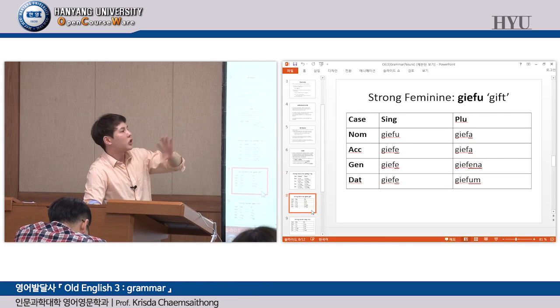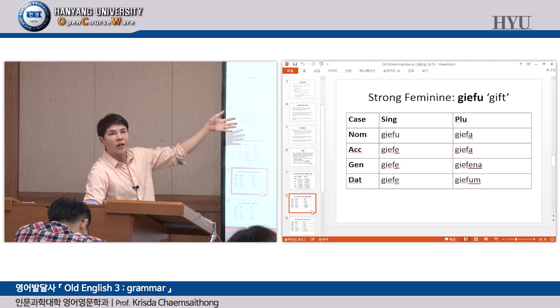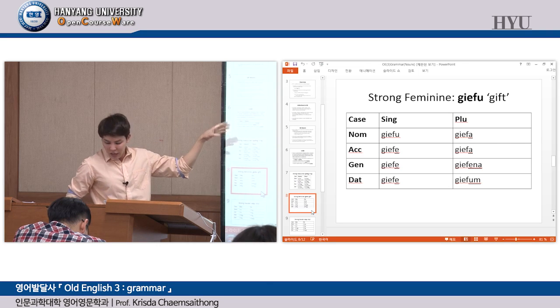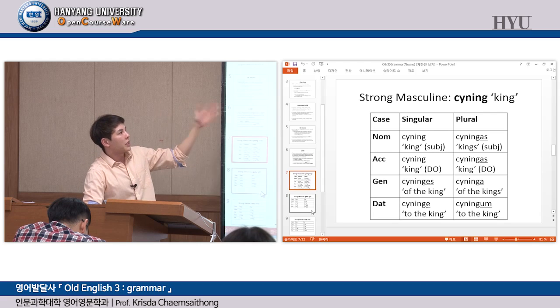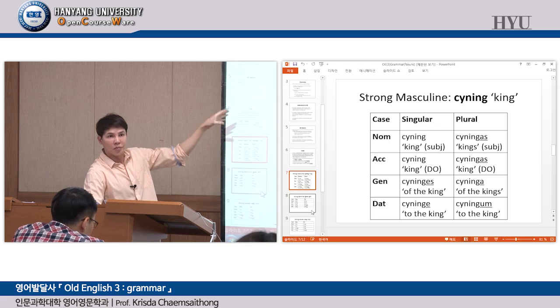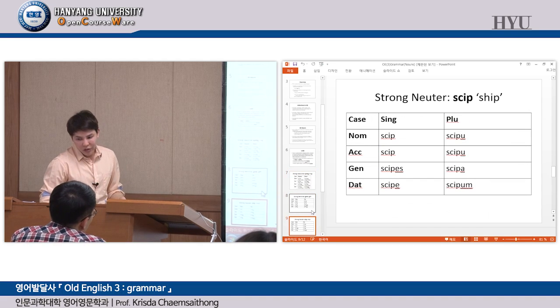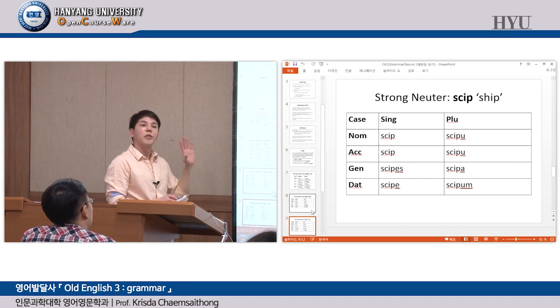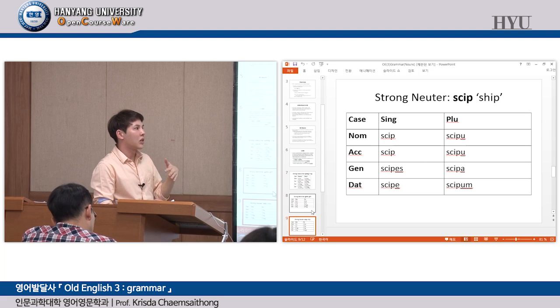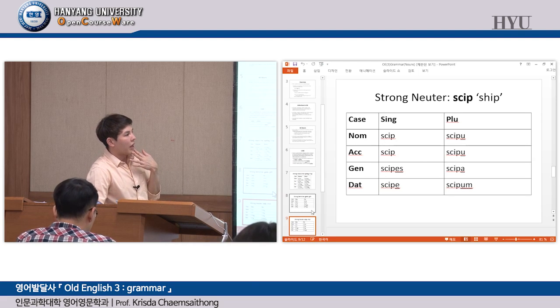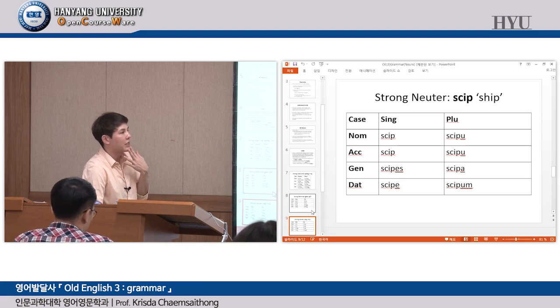So other nouns that show the same pattern of inflections will be put in this group, strong feminine. And other nouns that show the same ending patterns as kinning will be put in that group. And you also have neuter, not feminine, not masculine. Neuter has a different set of endings.